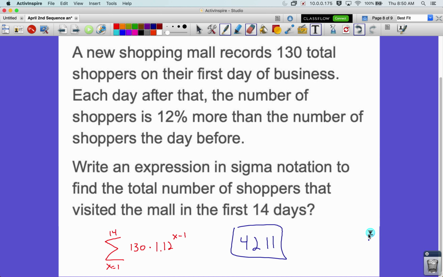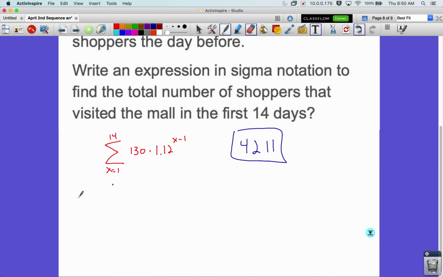All right, let's check that this would have worked with our formula, which is take the first number, do 1 minus the ratio raised to the power of n, divided by 1 minus the common ratio.